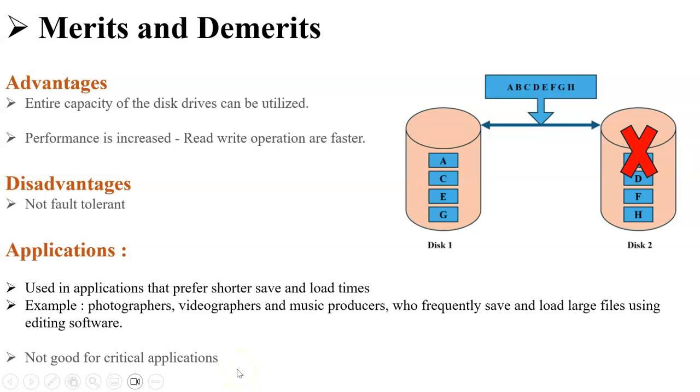When I say critical applications, I mean hard deadlines, or wherever the software has to maintain hard deadlines. In that case, RAID level 0 is not useful because it can lead to catastrophic errors and can lead to major life issues.